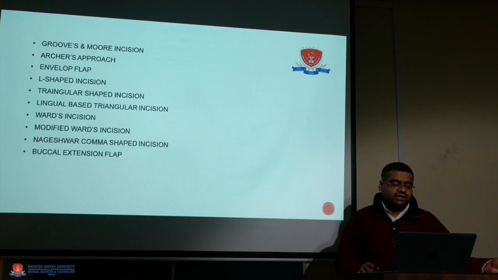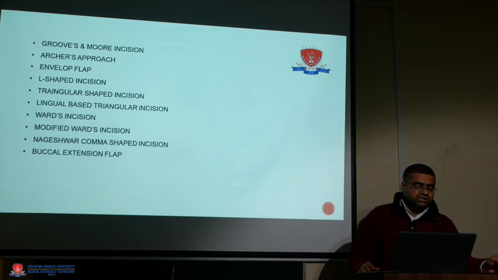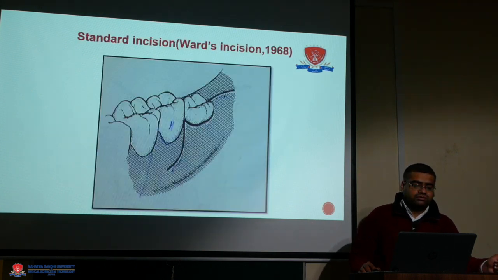These are the incisions which we can use: Groves, Moray incision, Arcus approach, envelope flap, L-shape incision, triangular incision, lingual based triangular incision, Ward's incision, modified Ward incision, Nageshwar comma incision, and buccal extension flap. The standard is Ward's, given in 1968.